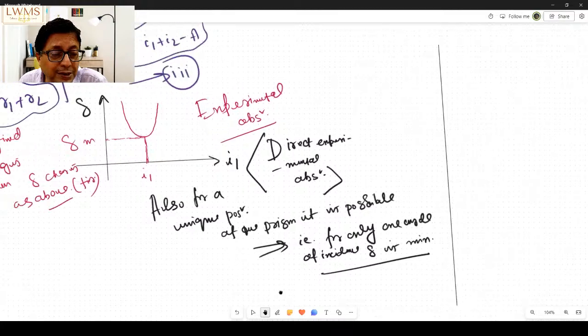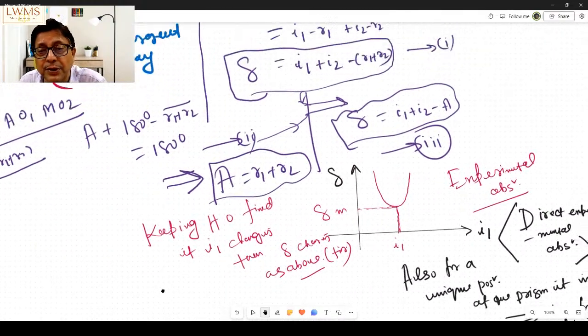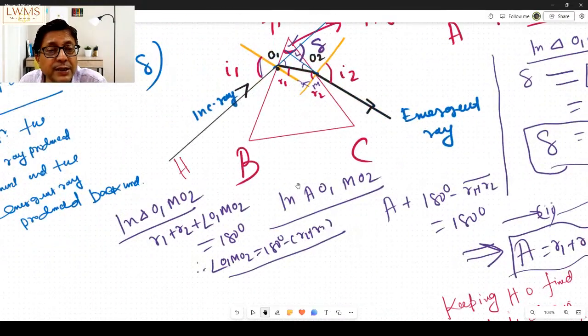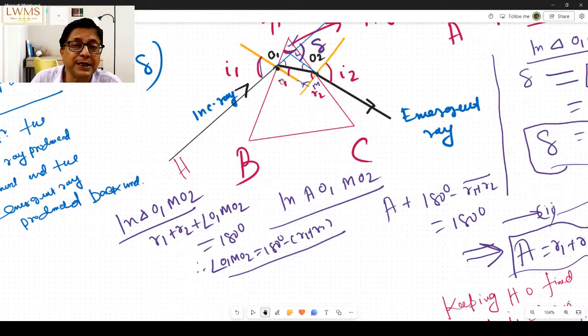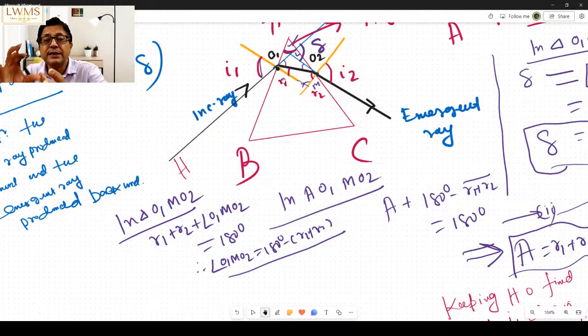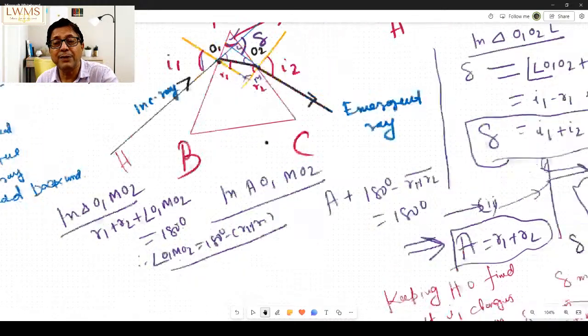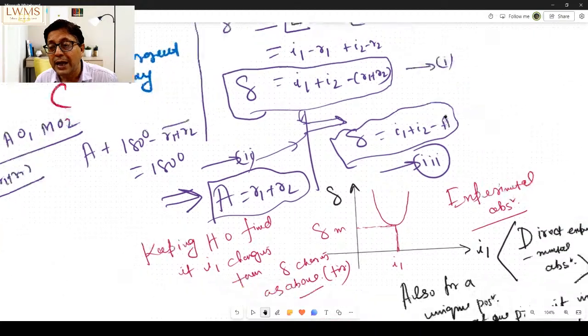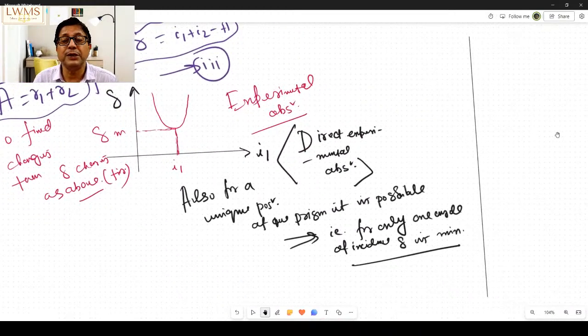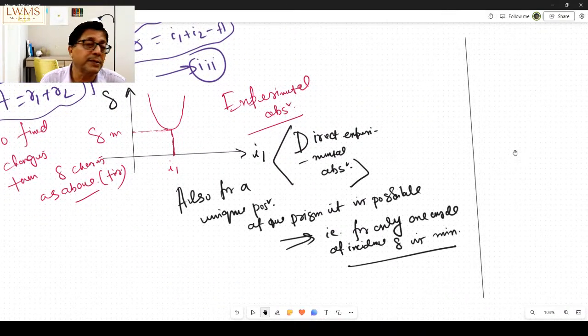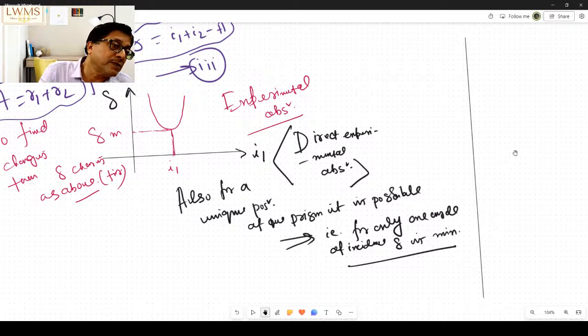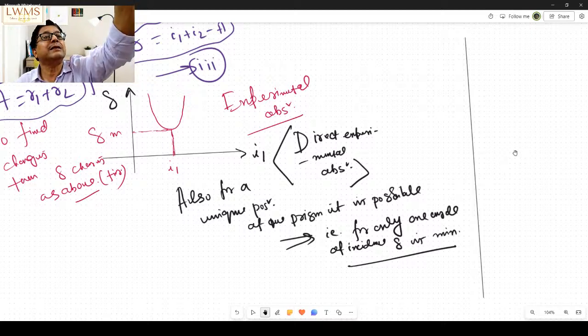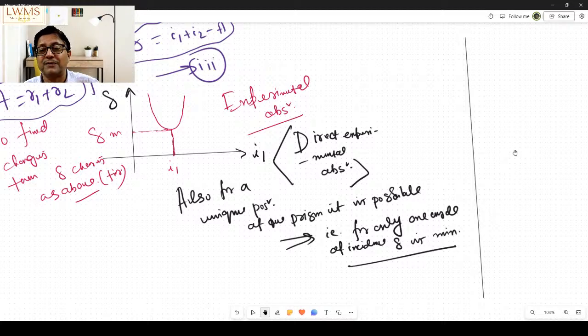To prove that, once more I remind you why I got this graph. In this diagram we kept H1 fixed, then set the prism at different orientations. Then you get different values of I1, that we have plotted here, and experimentally you have observed that for a unique position of the prism, minimum deviation is possible. For a particular prism, for only one angle of incidence, deviation is minimum. Please don't forget this.